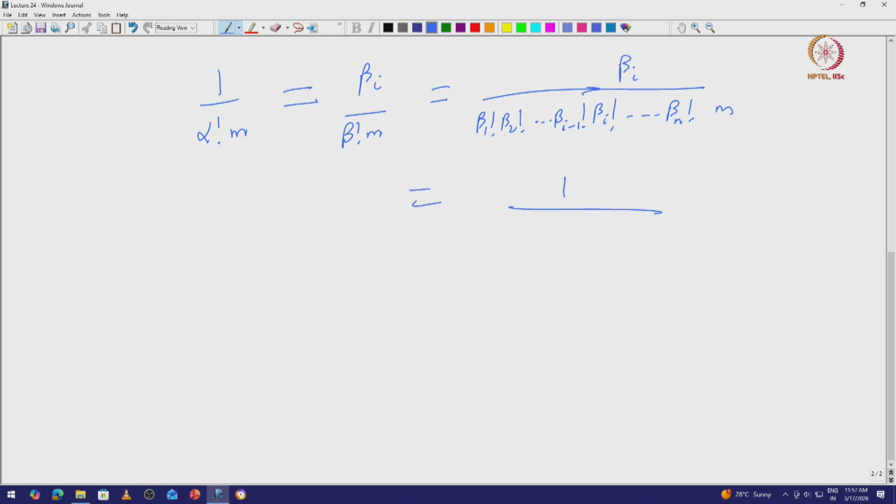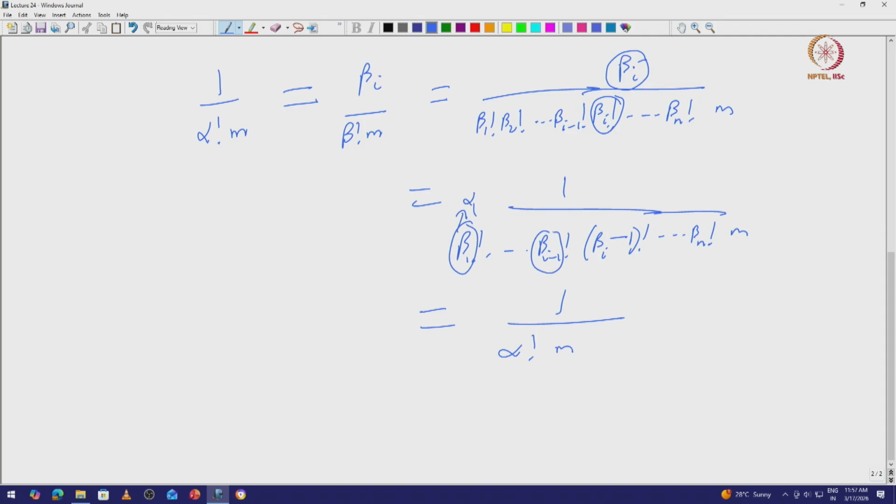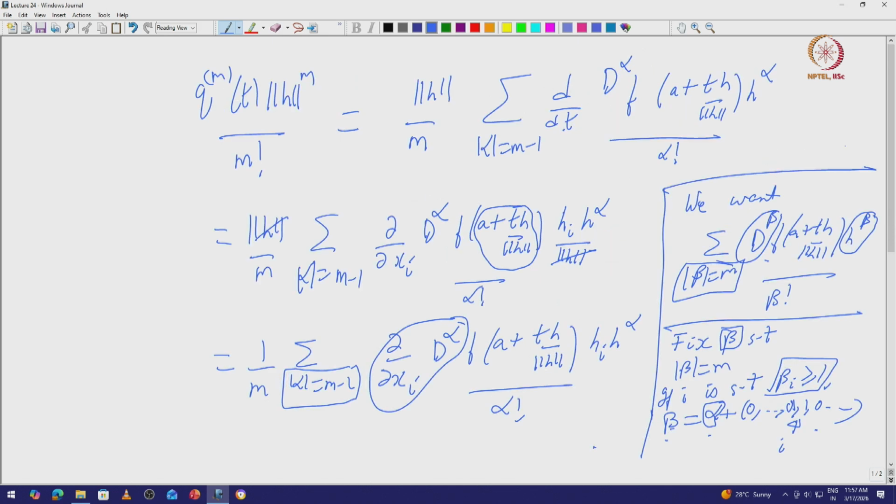This is 1 divided by beta 1 factorial, so on until beta i minus 1 factorial, beta i and this, right? What is that? That is beta i minus 1 factorial and so on. But what is this? This is precisely 1 by alpha factorial times m, because this is the same as alpha 1, this is the same as alpha i minus 1, this is precisely alpha i. Why? Because alpha i plus 1 is beta i by definition of alpha. Okay?